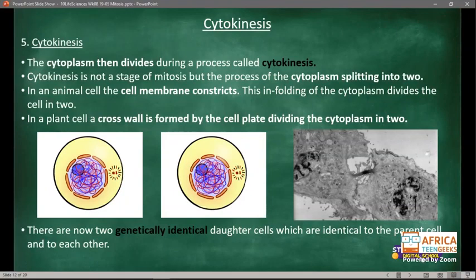Now, guys, you know that we have different genes, right? So people have different genes, so our genes are not the same. What about twins? Do twins have the same genes?